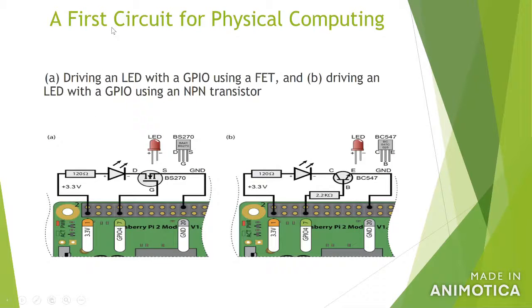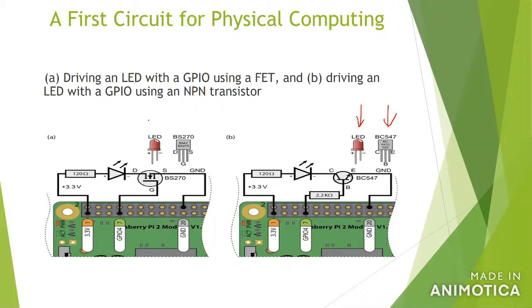In fact, for Raspberry Pi, you can make a circuit like this to evaluate your program. This kind of circuit is a very simple circuit that you can use to drive an LED. You can see this is an LED, this is an LED, and this is a transistor.